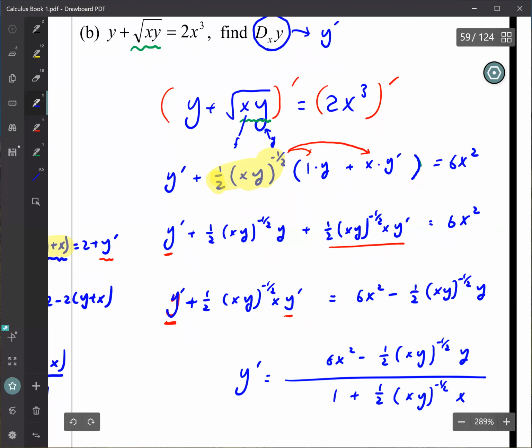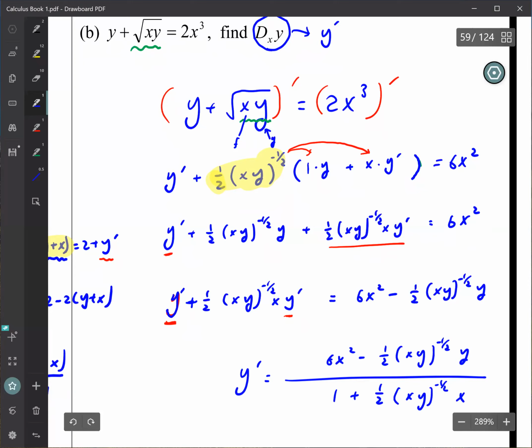So what do you think? What's the prime of the left side? Anyone want to try? Wait, if we have to prime it first, do we make it 2x plus 2y equals 0 and then go from there? 2x plus 2y equal to 0. Now, if you have this, then where's your y prime?